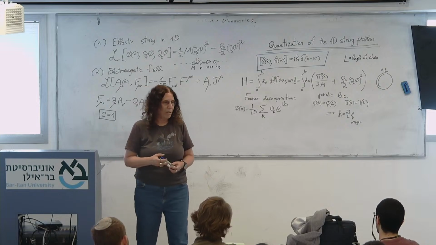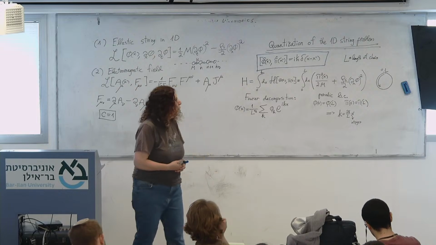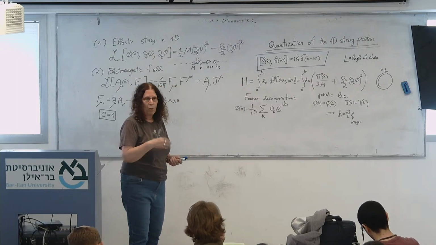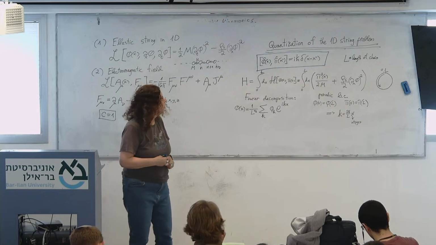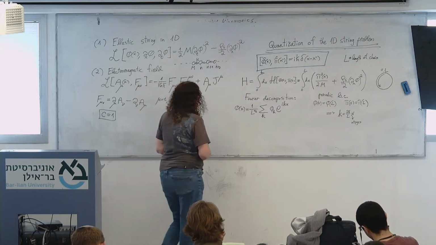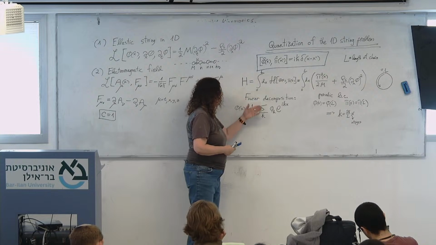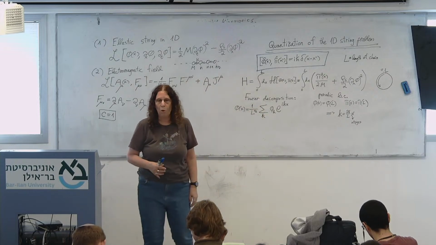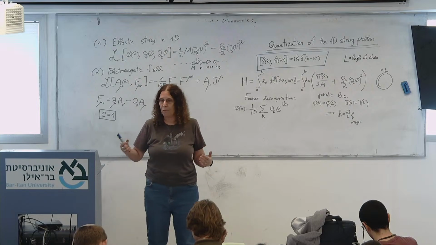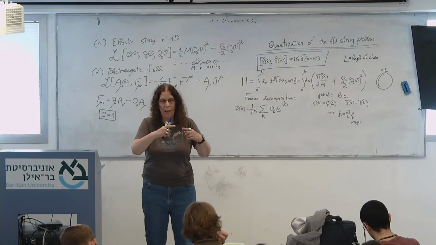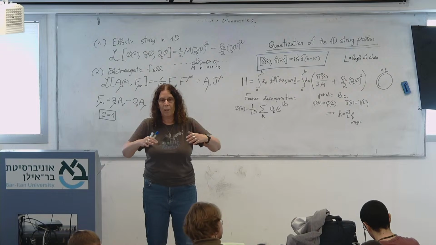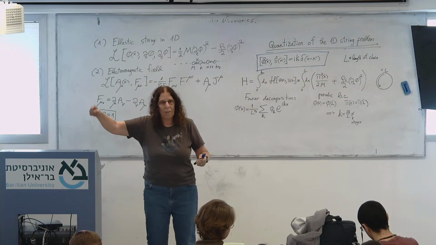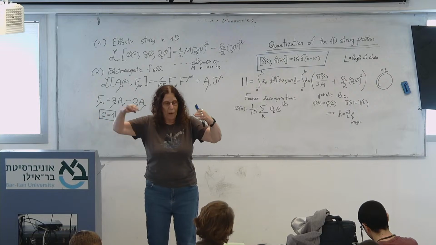So we know that the solutions of the free string wave equation are oscillation modes of the entire string. Each mode is extended over the whole string, and it looks like some vibration.